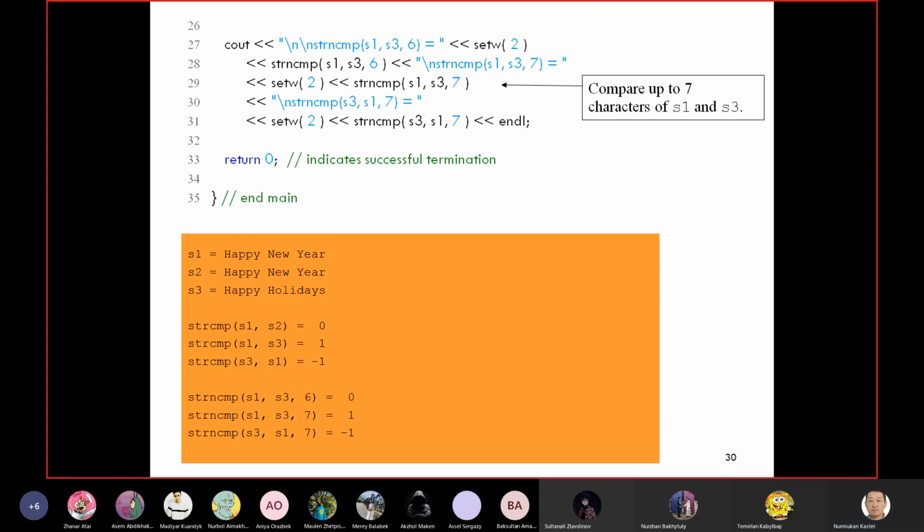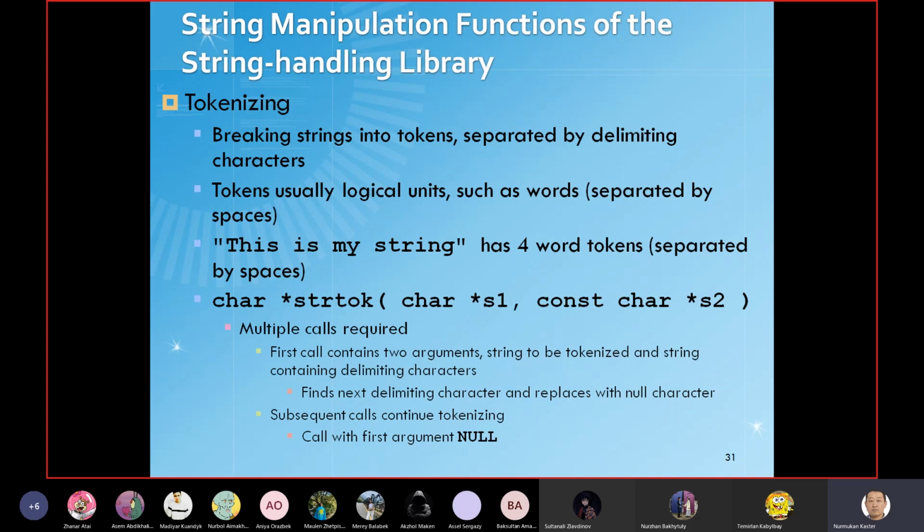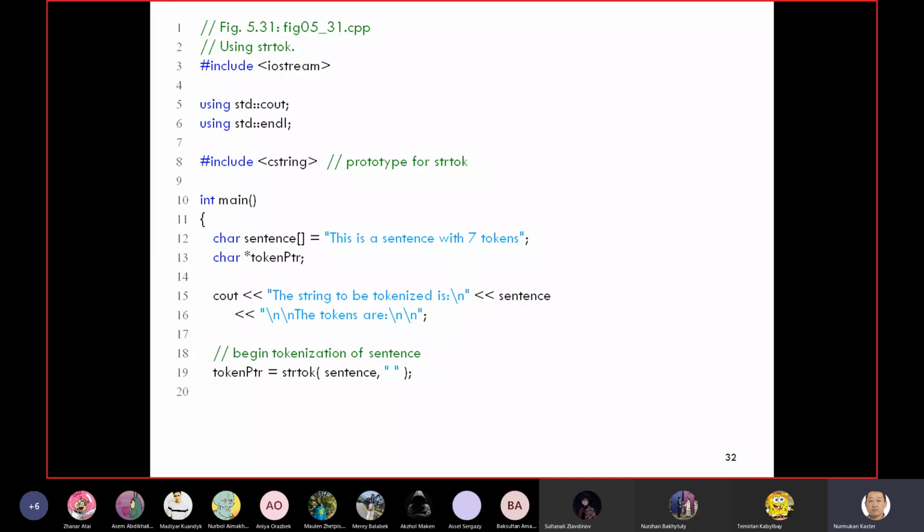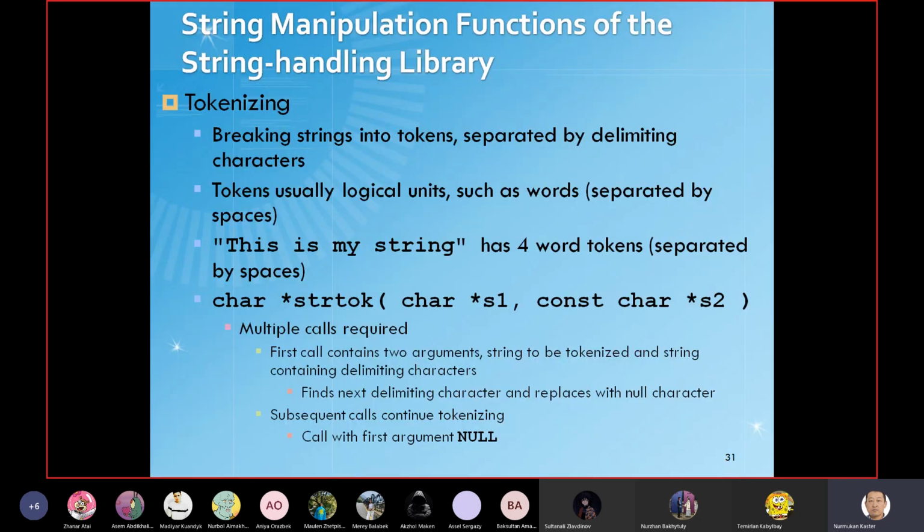So tokenizing is actually separating one string into many. Sometimes it's very useful. If you want to find how many words are in one sentence, how can you distinguish them? Using the empty space between words, you can recognize how many words are included in the sentence, right?